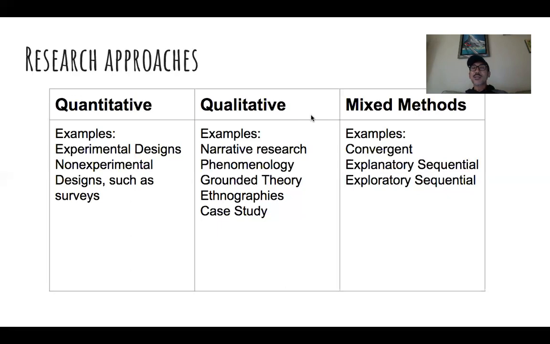And then there's mixed methods, which attempts to bring both quantitative and qualitative research together. There you'll see three examples, and I'll talk about one of them. One of them is the convergent research approach, where quantitative and qualitative methods are used to study a particular social phenomena.